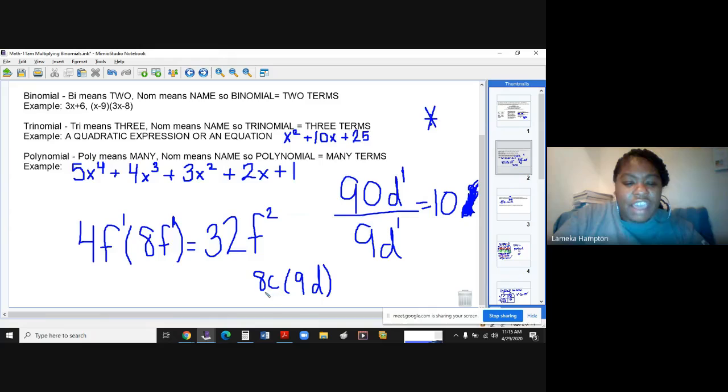We have 8 times 9, which gives us 72. So that's the good news. What do you think my answer would be if I multiplied C times D?